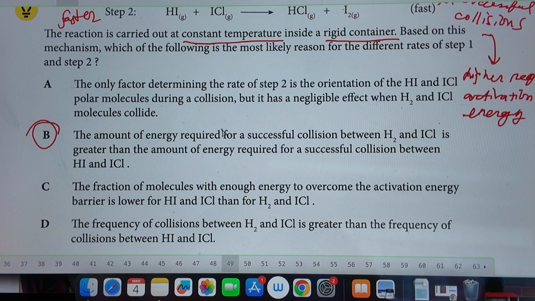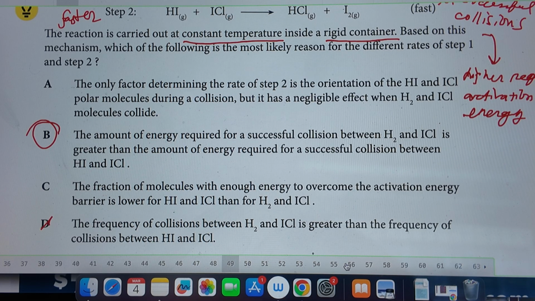It's definitely not true, because if collisions were more frequent in step 1, then step 1 would be faster. The question asks for the reason why step 1 is slower than step 2.